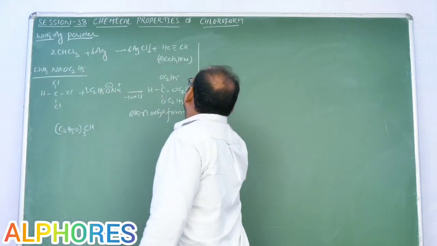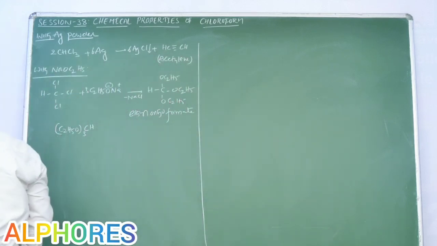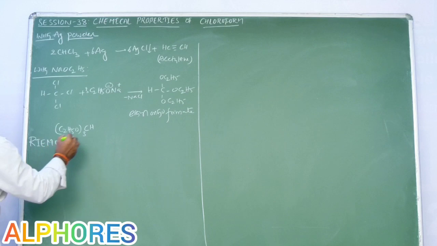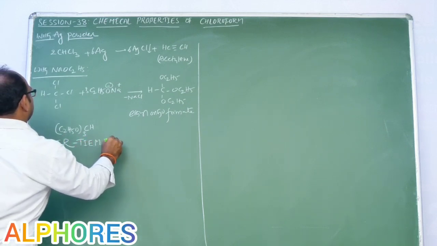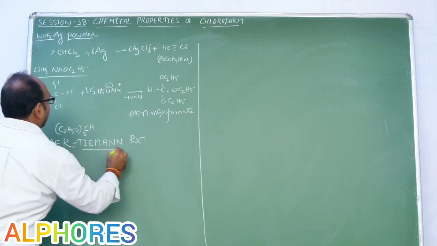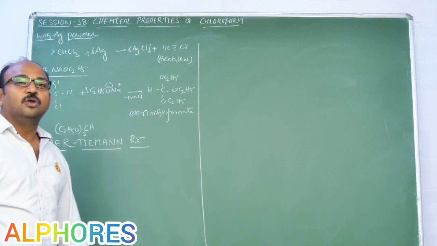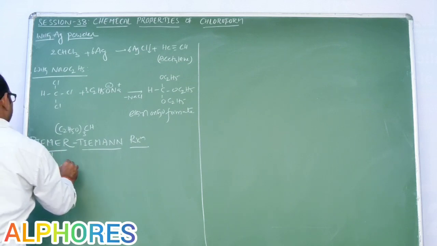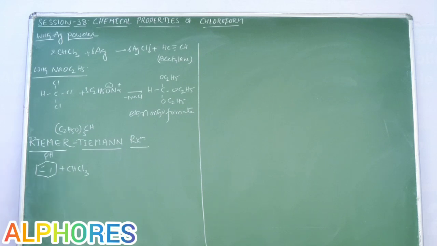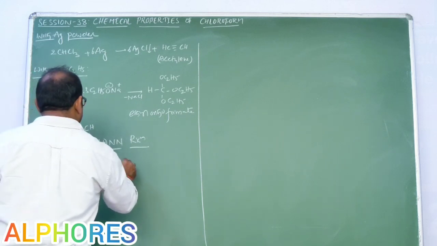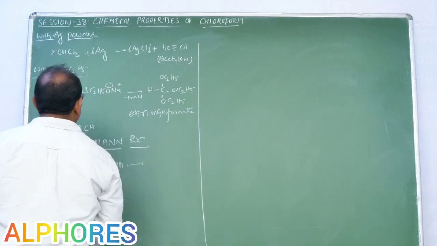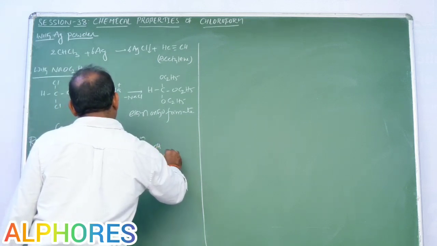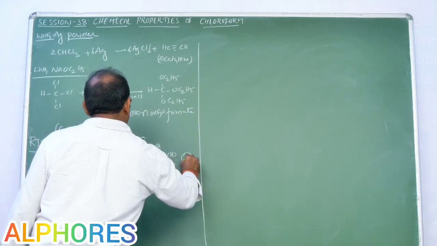Next one, Reimer-Tiemann reaction. Phenol upon reaction with chloroform in presence of a base, either NaOH or KOH, then we get the product ortho-hydroxybenzaldehyde as a major product.